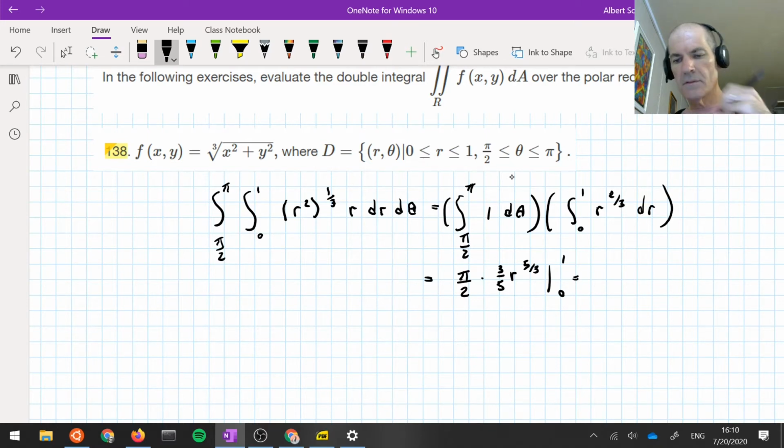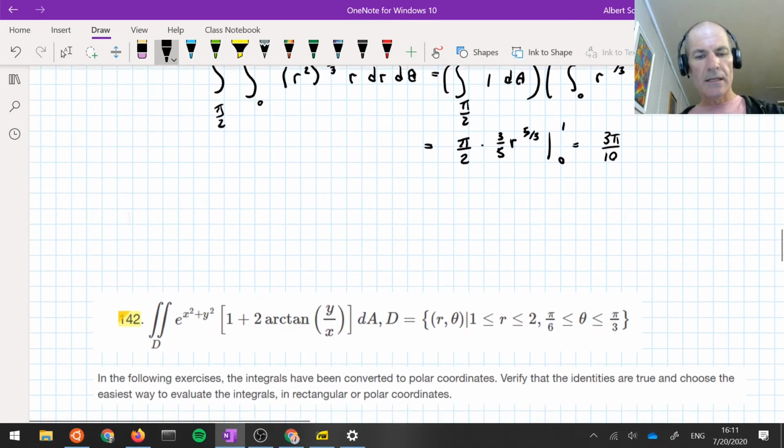That looks good, just thinking a little bit. Yep, that's fine. So we plug in 1, we plug in 0, we subtract, and we get 3 pi over 10. Let me check my notes here, make sure I'm not misleading you. That looks good. Okay, so moving right along.